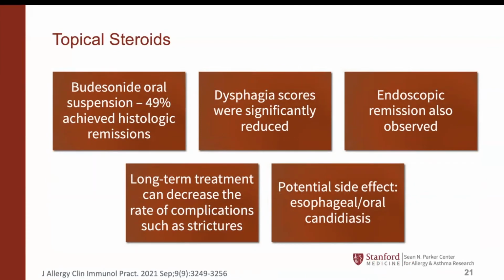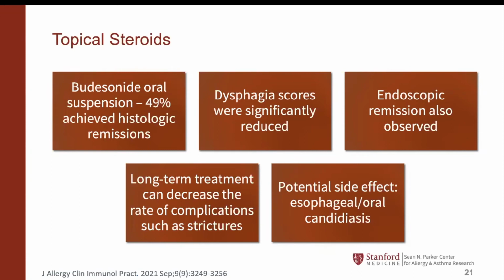So, topical steroids have also been used to treat eosinophilic esophagitis. And I'm going to talk about one of them. So, oral budesonide suspension, which is swallowed, it's a liquid. This medication helped to achieve histologic remission in about 49% in one study. And it also helped to reduce the dysphagia scores and other symptoms.